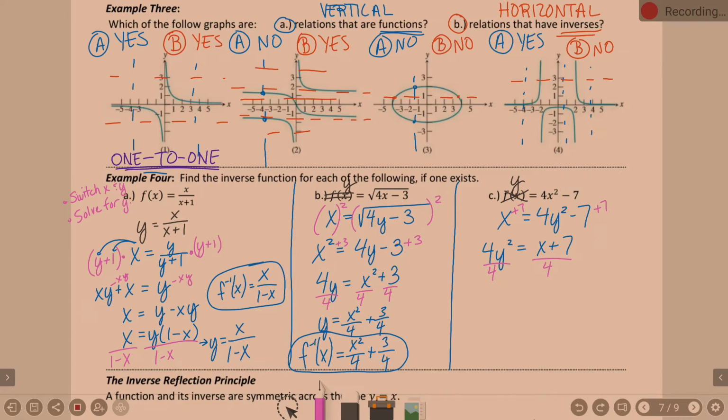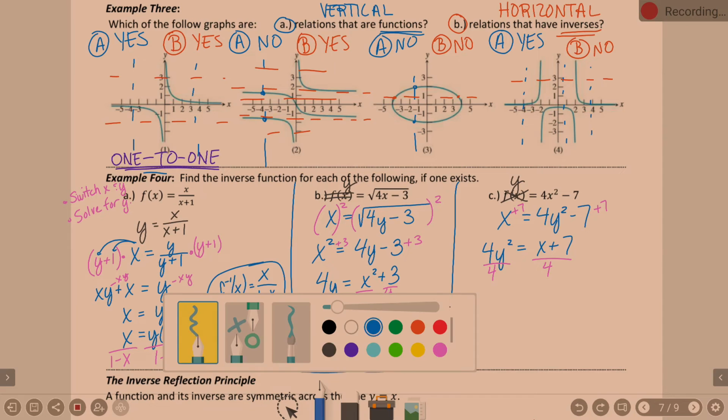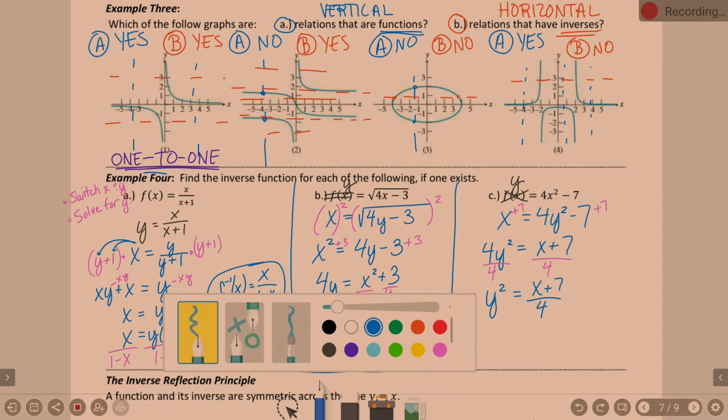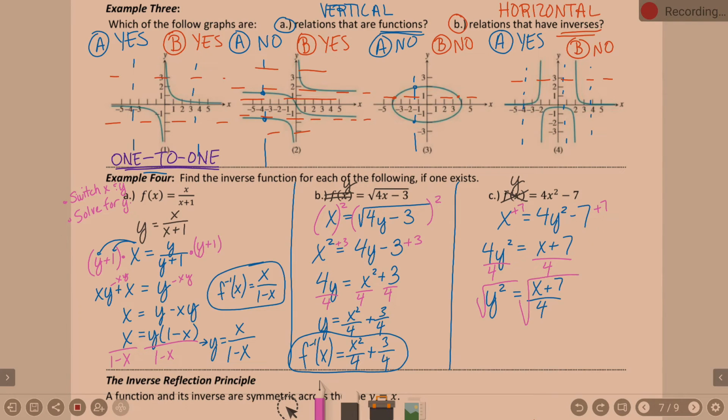So 4y squared divided by 4 becomes y squared, and x plus 7 divided by 4, which I'll write as x plus 7 divided by 4 for the moment. Now I'm ready to square root it. If I square root one side, we're going to square root the other side.